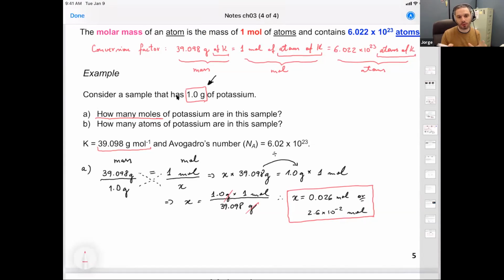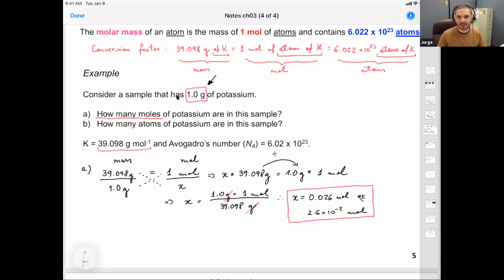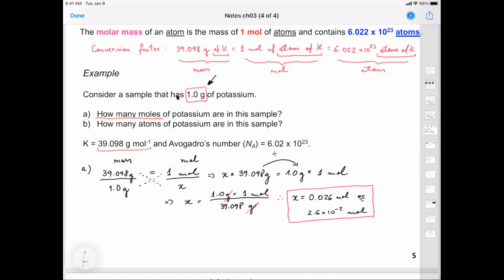And we don't use the molar mass of potassium because we know that's an exact number and we know that value. This is considered an exact number, so you don't have to consider that for your sig figs. Thank you for your question.